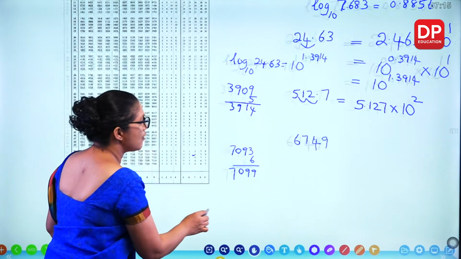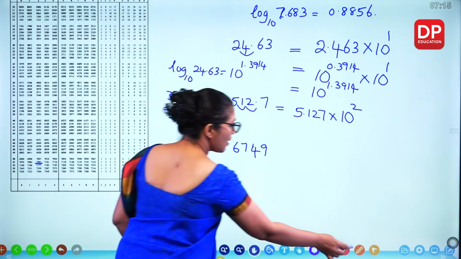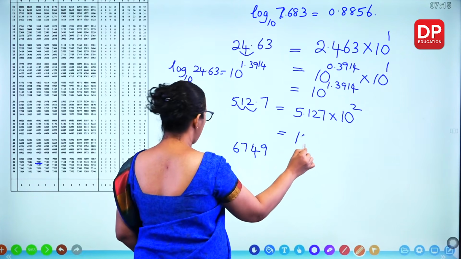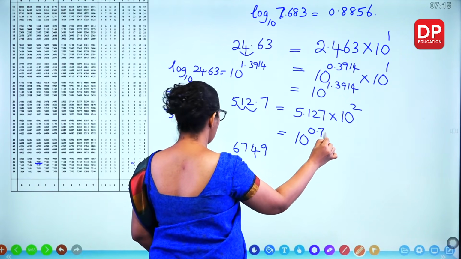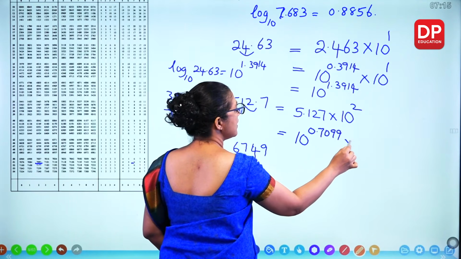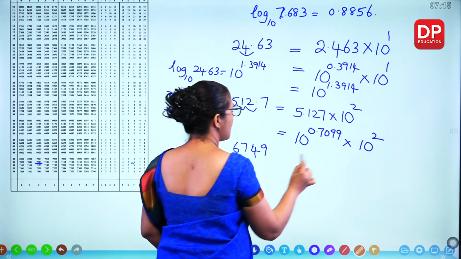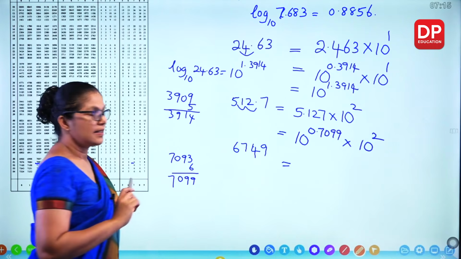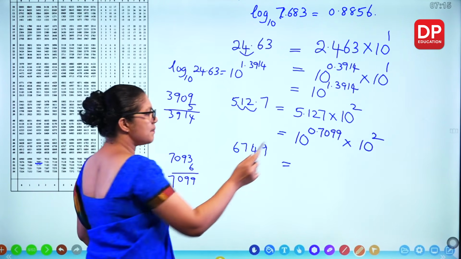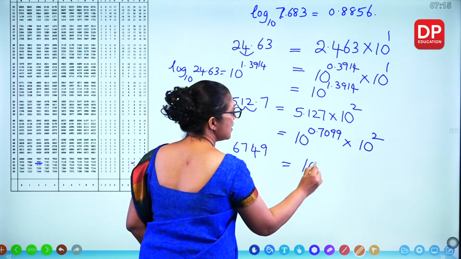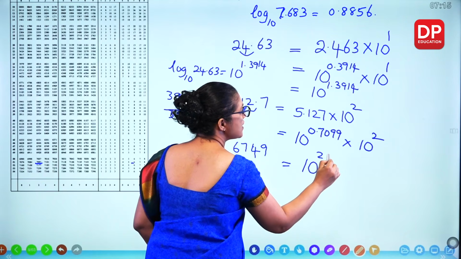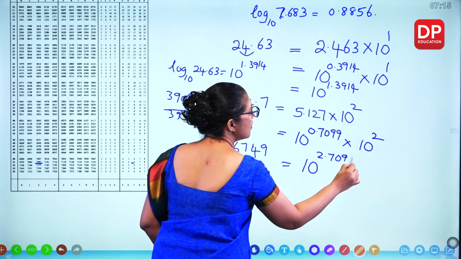How can we write down now? This number is 10 to the power 0.7099 and here power 2. Then same base, different powers multiplication, you add the powers. You get 2.7099.